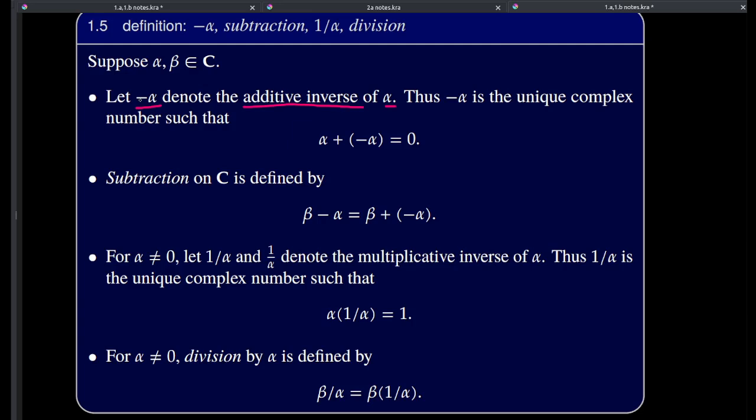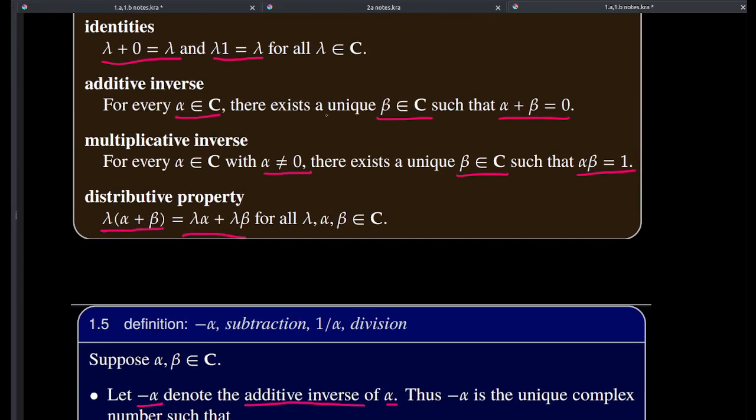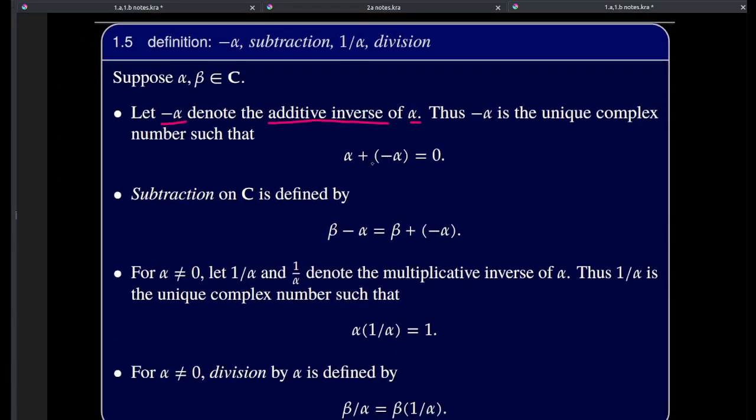That is, it is that unique complex number that exists, as we've specified. There's an additive inverse. It is whatever that one is, such that if you add it to alpha, you get back 0. Then if you just write it like this, notice you could write beta minus alpha just as a shorthand for saying beta plus the additive inverse of alpha.